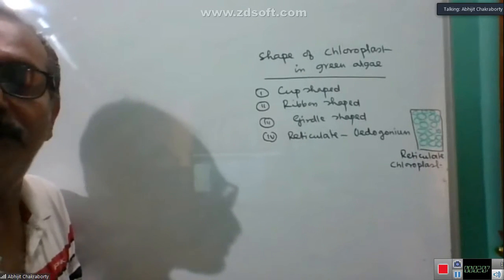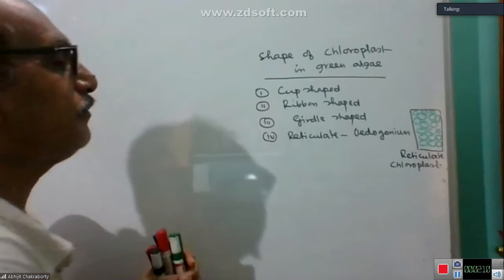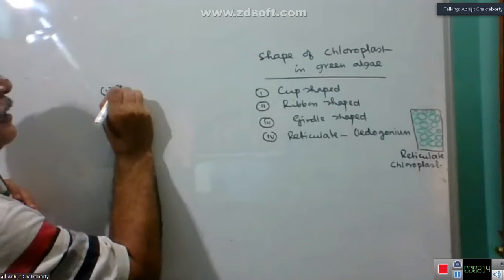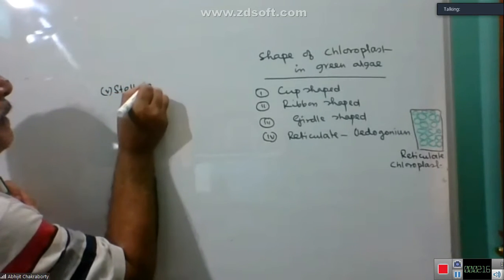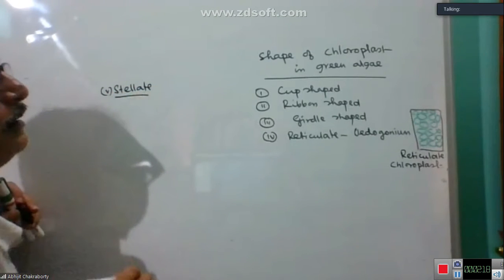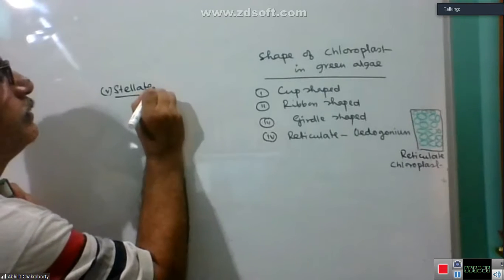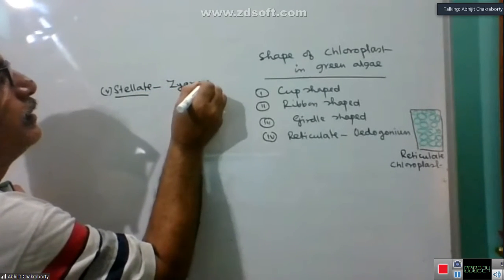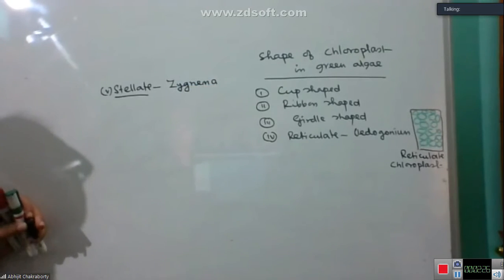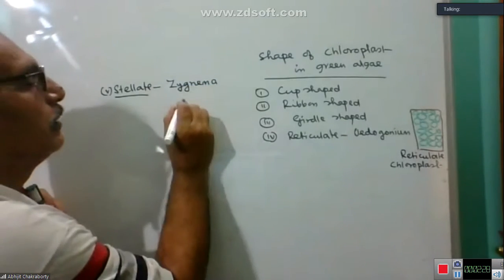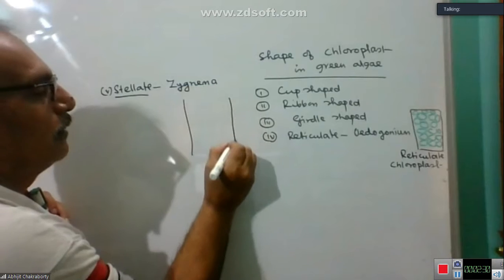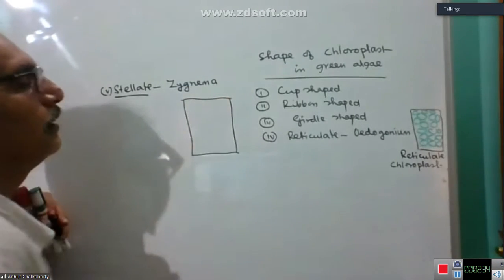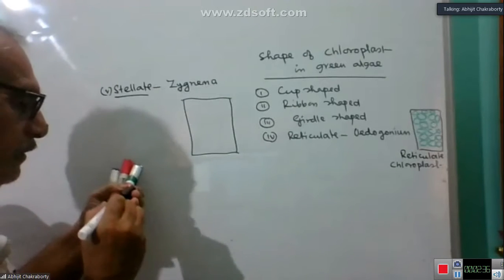Then comes the stellate, found in Zygnema. It appears like this.